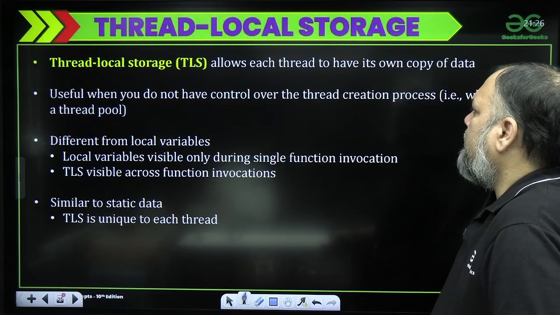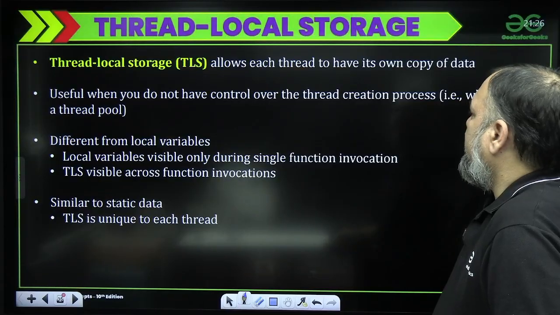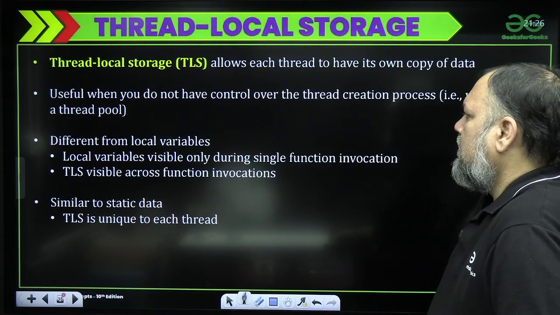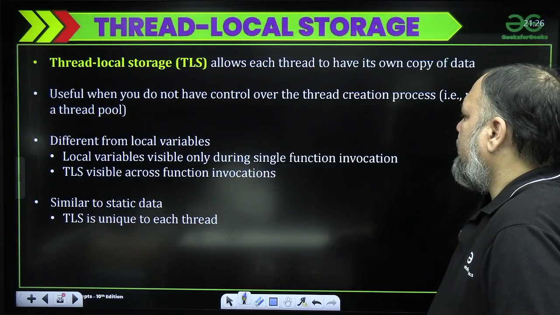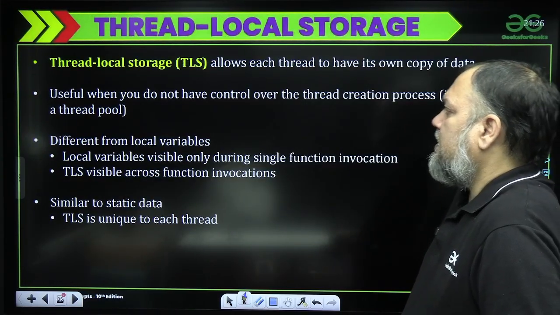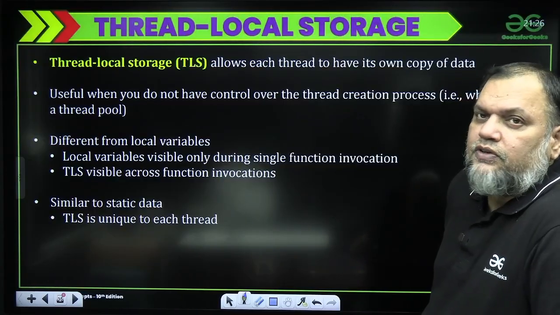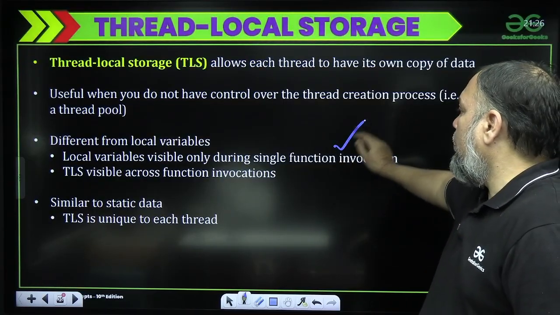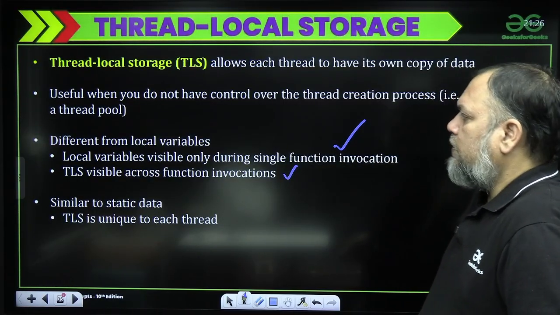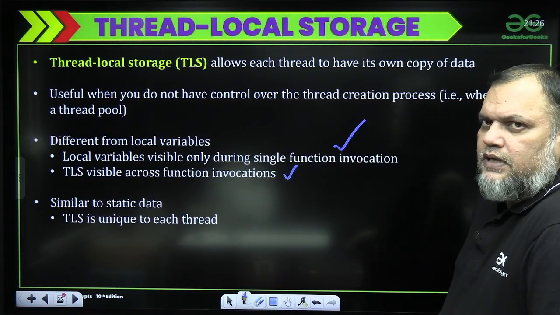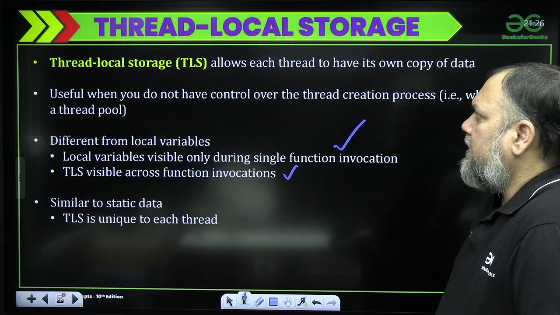It is useful when you do not have control over the thread creation process. It is different from local variables. Local variables are visible only during a single function invocation, but TLS, thread local storage, is visible across function invocations. That is the fundamental difference between local variables and thread local storage. It is similar to static data, and TLS is unique to each thread.